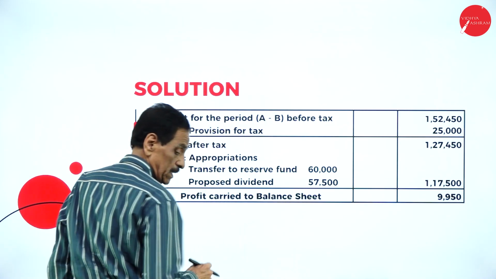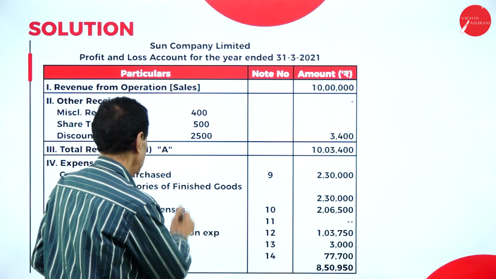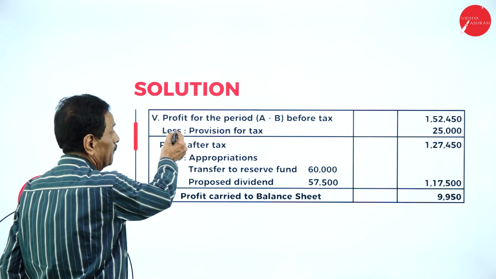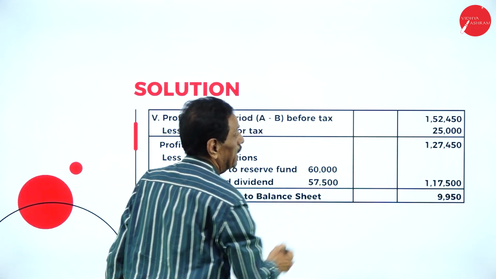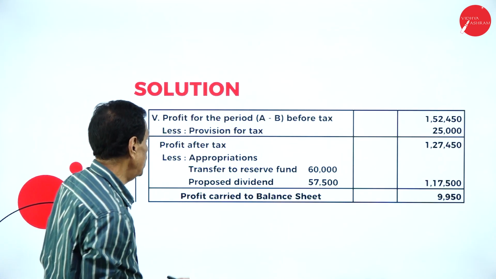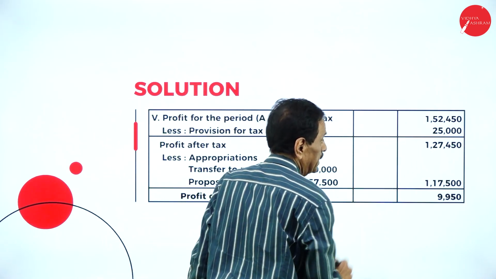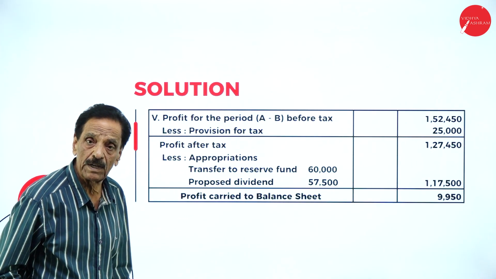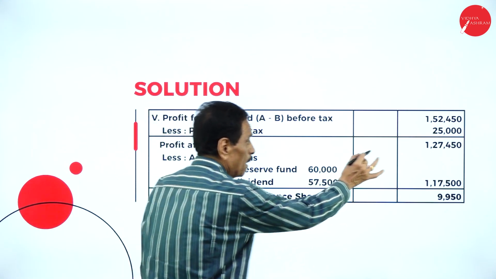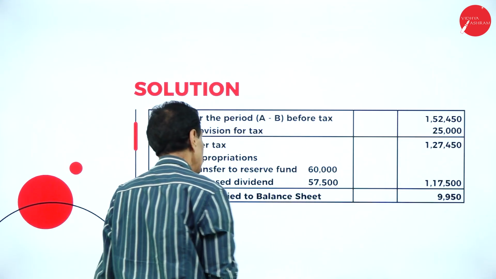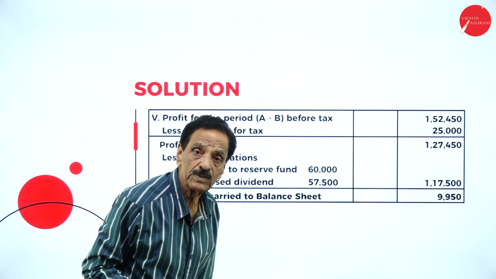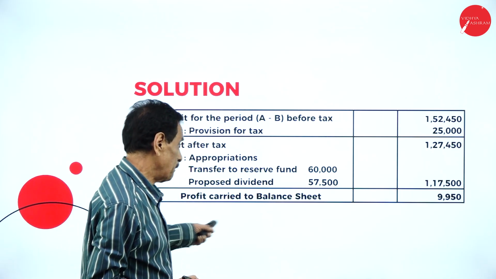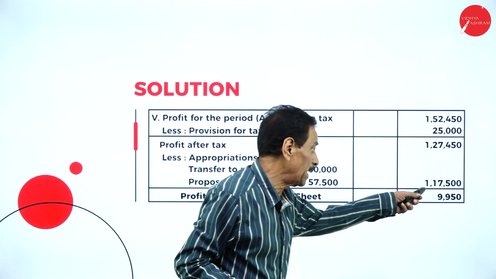So this is your expenditure, B. Profit before taxation, A minus B, is 1,52,450. Minus provision for taxation as per the adjustment, 25,000. This is profit after taxation. Minus transfer to reserve fund 60,000. Proposed dividend is 57,500.